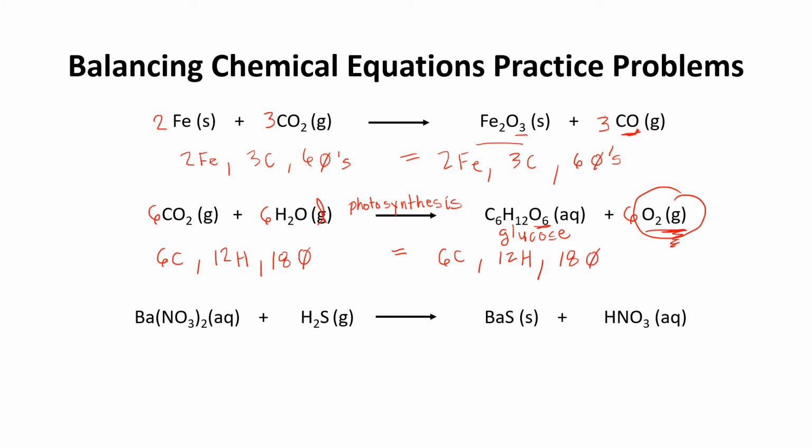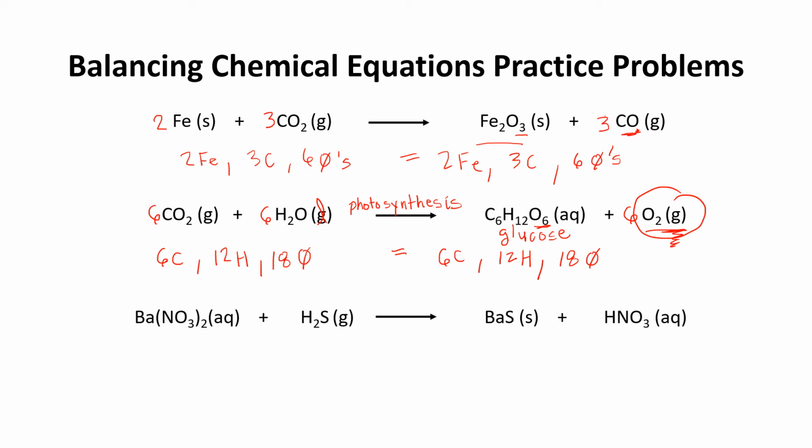And so we are balanced by mass. So we're in compliance with the law of conservation of matter. All right, this is the last one we're going to do here, and I hope you got some of these right when you paused the video.